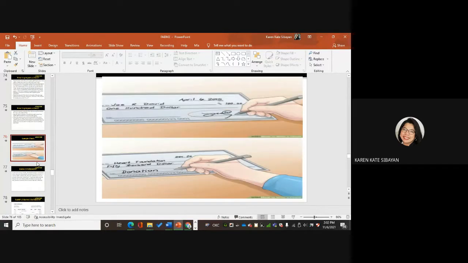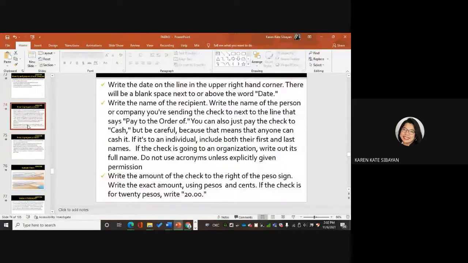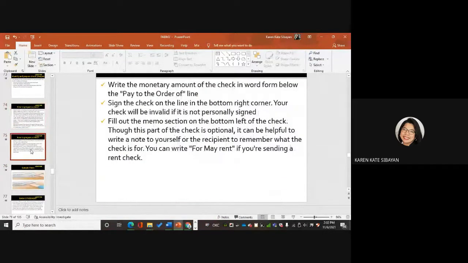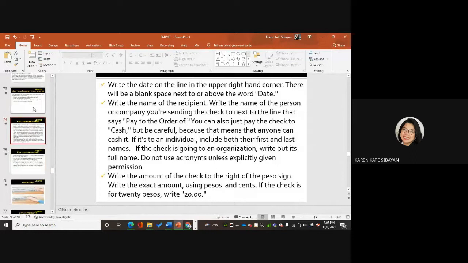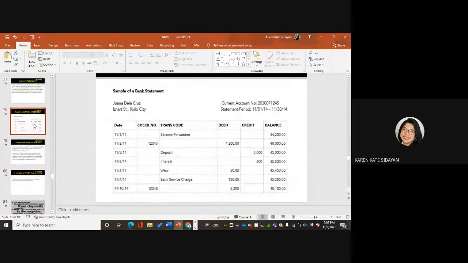Ayan. Why? Because these are significant, lalo na kung ang transaction ninyo at ang payment na ibinayad sa inyo is in the form of check, na through bank ang transaction. Okay?